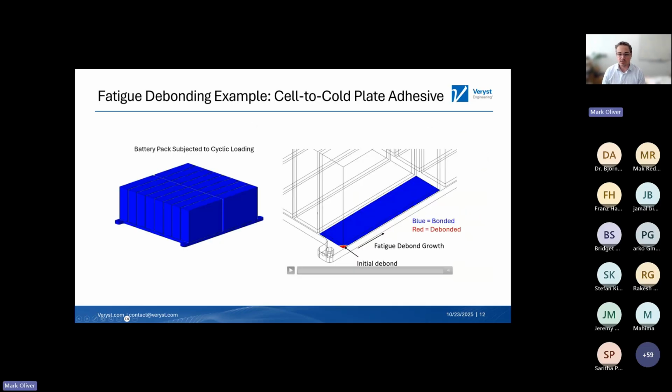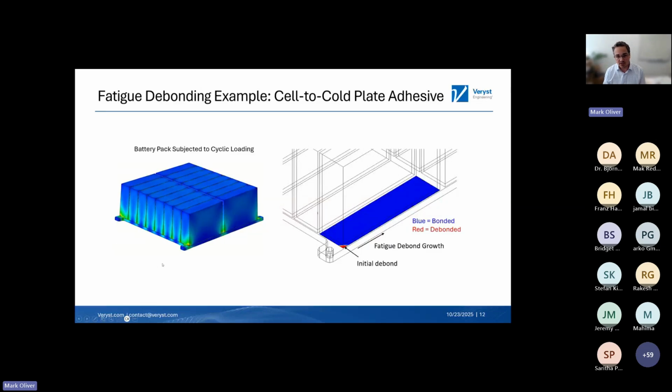Another thing that you can do, which we're not going to discuss in any more detail, is simulate the propagation of fatigue debonding. This is just to demonstrate a scenario where you have a battery pack, an array of battery cells adhesively bonded to a cold plate that's subjected to some external load.